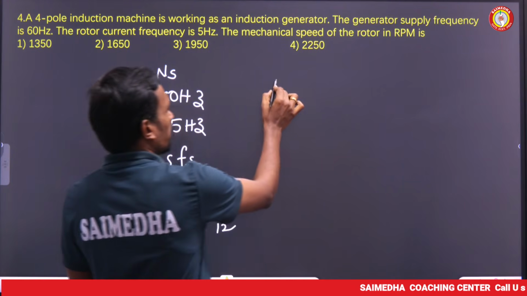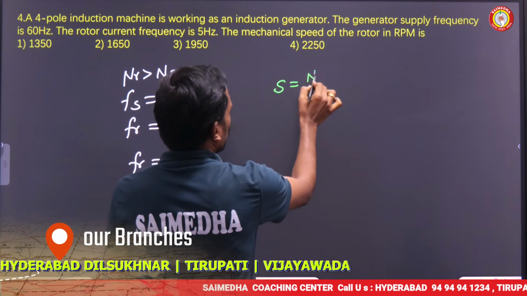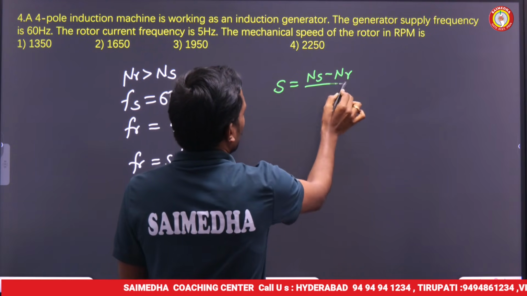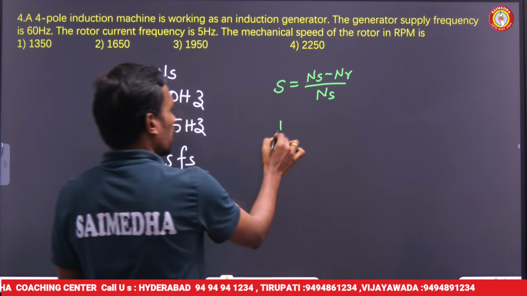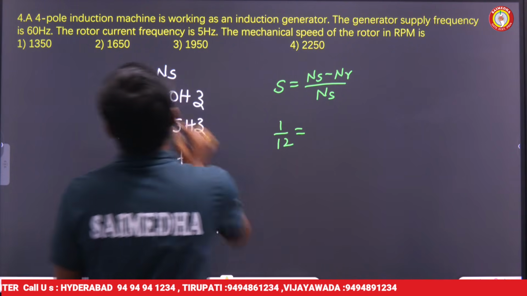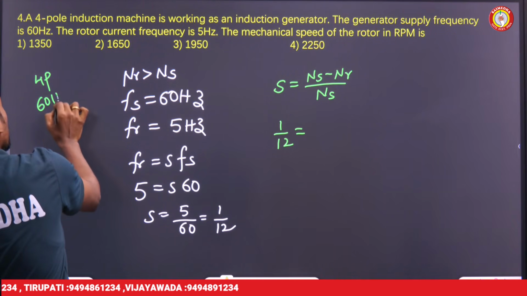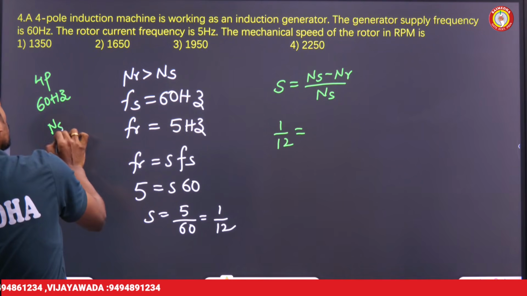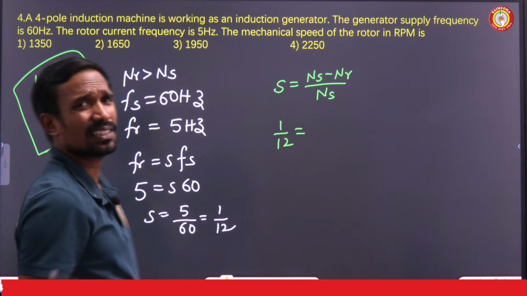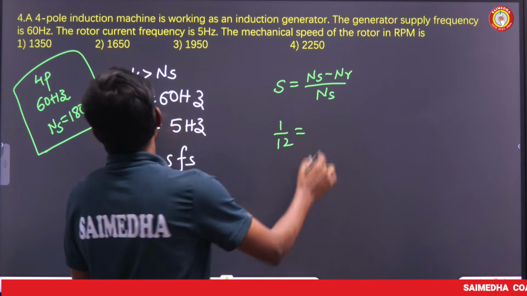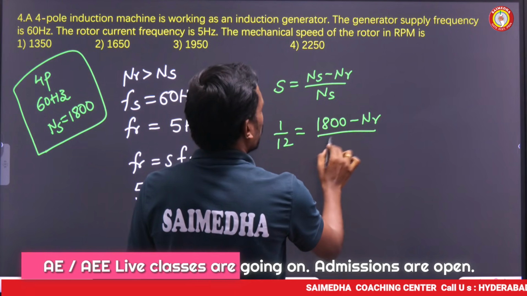Then what is the rotor speed? Simply S = (Ns - Nr)/Ns. If S is 1/12 and Ns is for 4 pole 60 Hz, you know already the synchronous speed will be 1800. No need to calculate, we discussed in the first class. So that is (1800 - Nr)/1800.